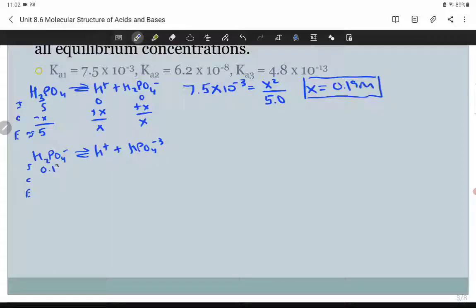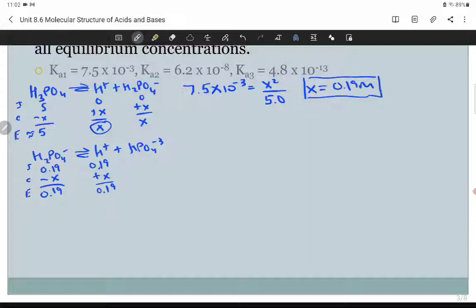We have 0.19 is what we produced in that first equilibrium reaction, minus X, likely 0.19. Is this a 0 here? No, it's not a 0. Remember, we made 0.19. So it is still in that beaker. Plus X, probably 0.19.